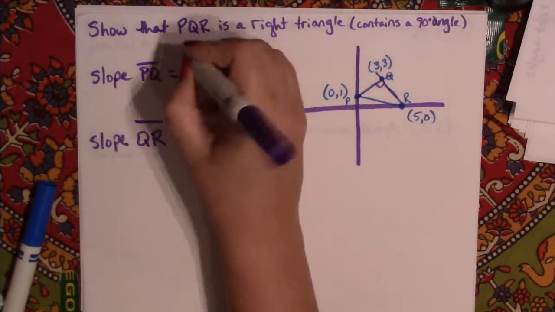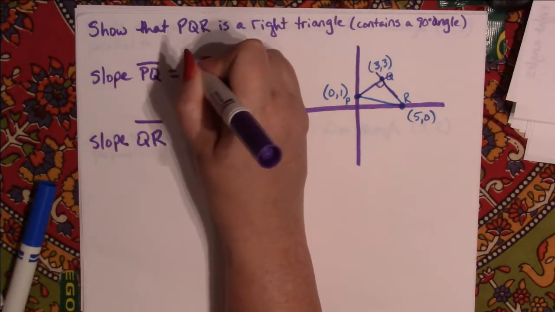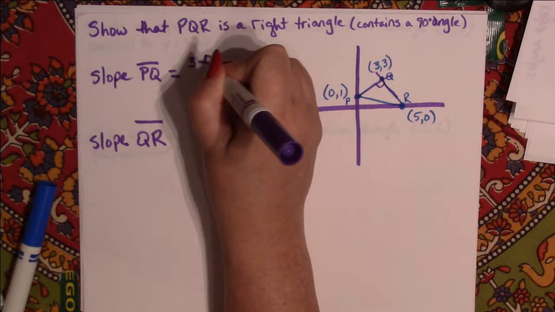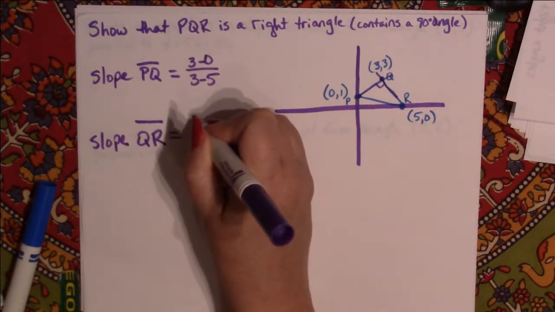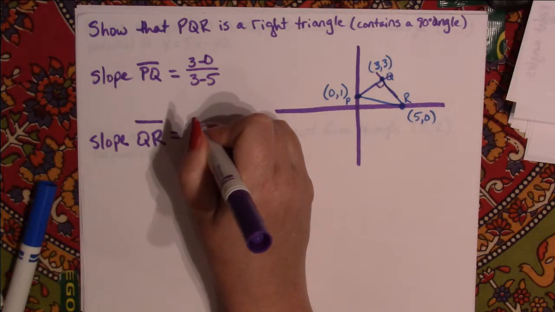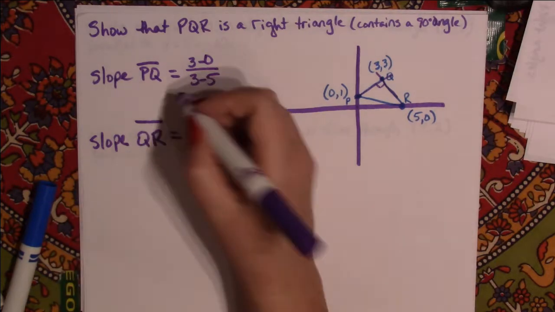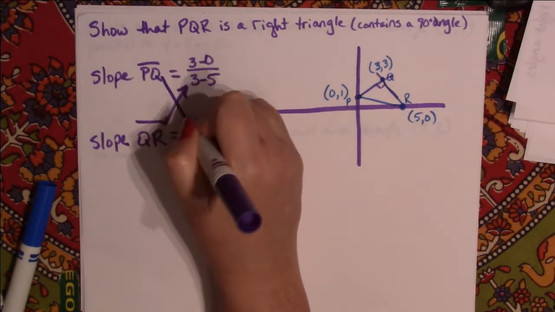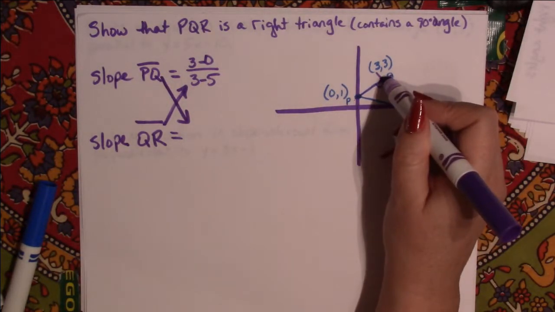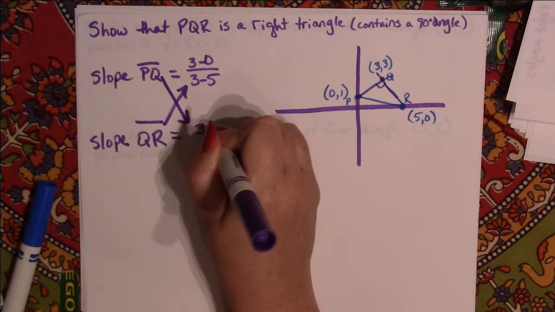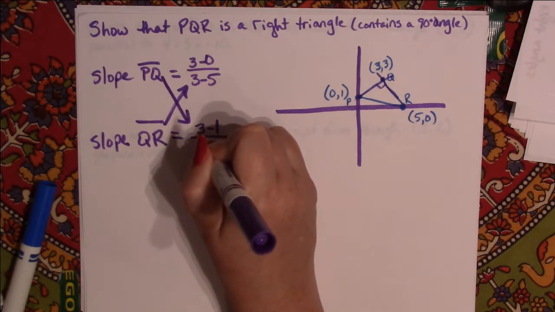So PQ, change in y over change in x, 3 minus 0 and 3 minus 5, and the slope of QR, whoops, that was QR, shoot. All right, a little confusing. PQ is 3 minus 1 and 3 minus 0.